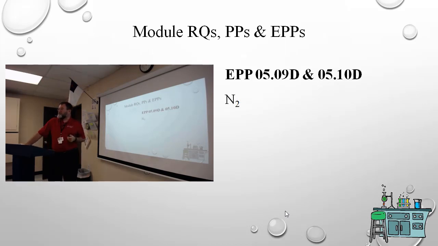Nitrogen. Covalent, and that would be a homonuclear diatomic, right? So it only involves 2 atoms. Every covalent bond with 2 atoms is linear, right?